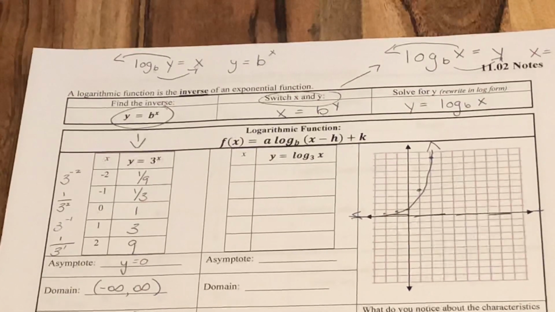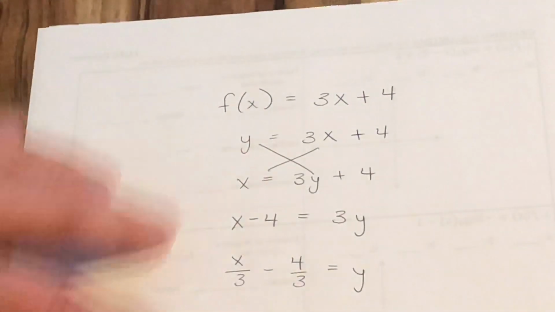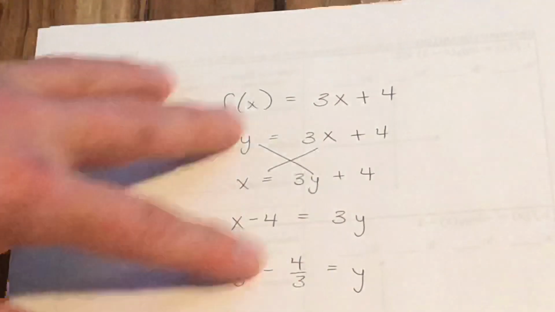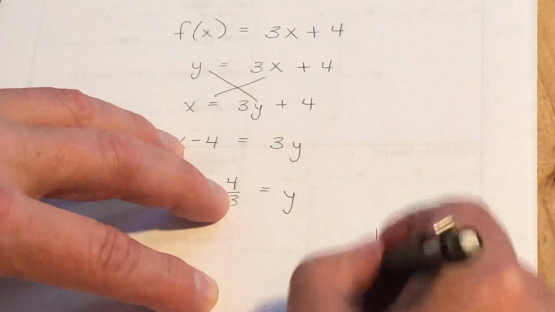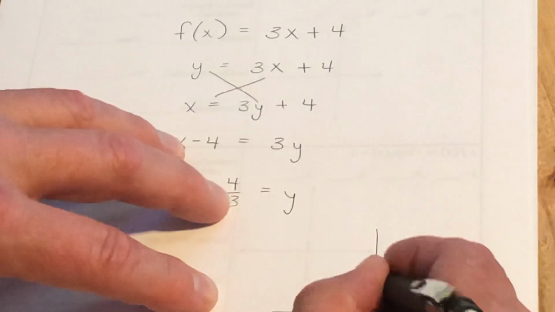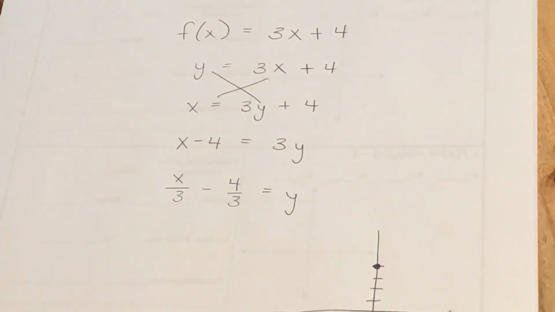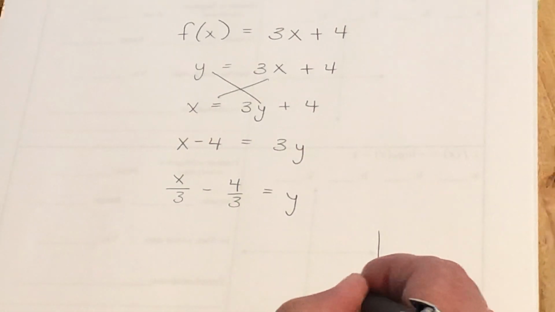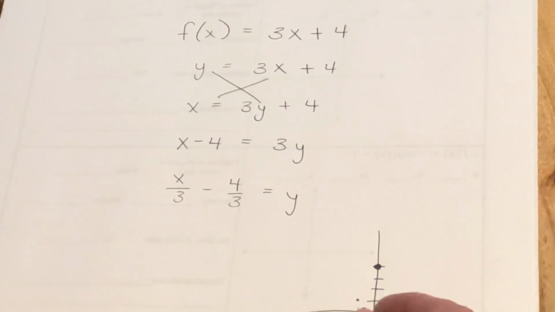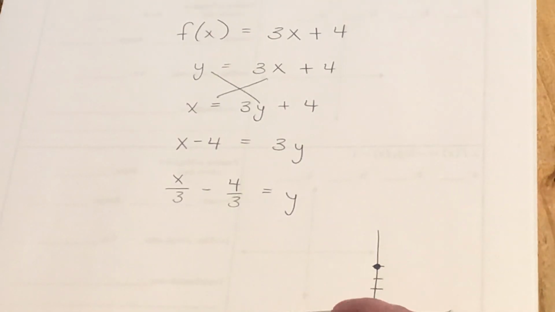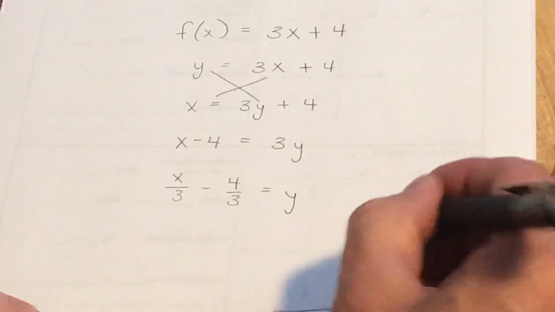All right, so if you do or do not remember inverses, we go back to this. If we were to graph this as an inverse, this would have a y-intercept of 4, and then a slope of positive 3, which is like that. Okay?